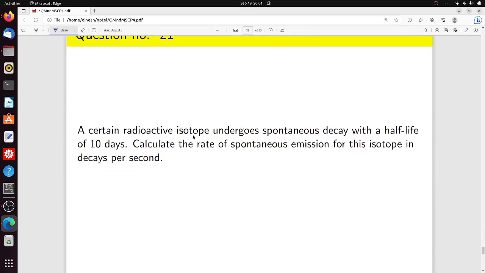A certain radioactive isotope undergoes spontaneous decay with half lifetime T half of 10 days. Calculate the rate of spontaneous emission for this isotope in decays per second. So T half is given as 10 days. So in 10 days, this isotope goes to half its number. Let's say the initial number was N. So in this time T, the isotope number will go to N over 2.